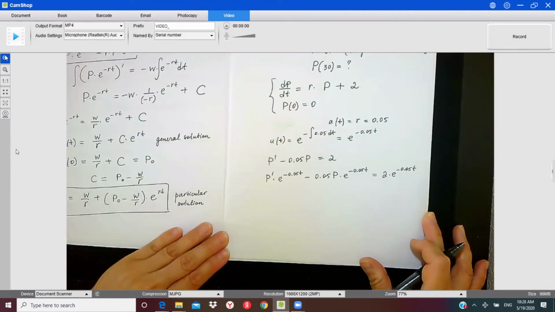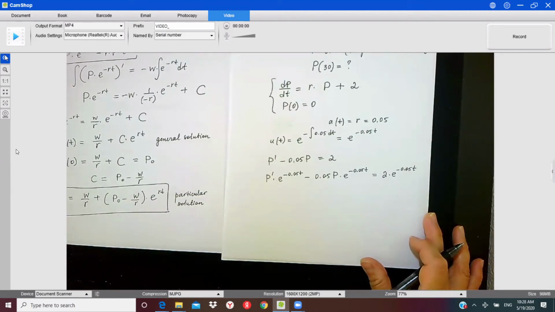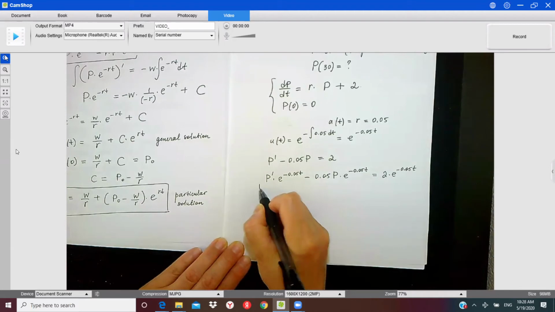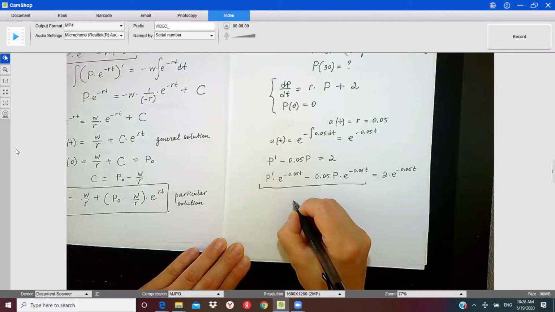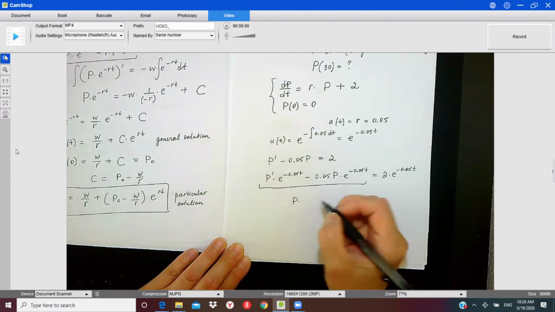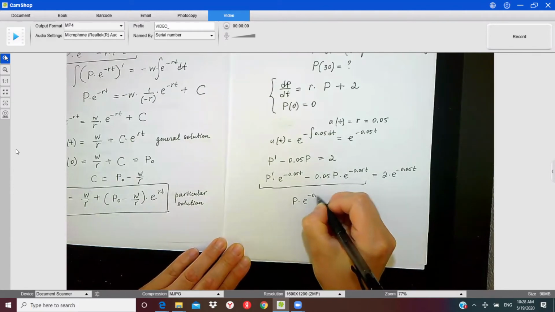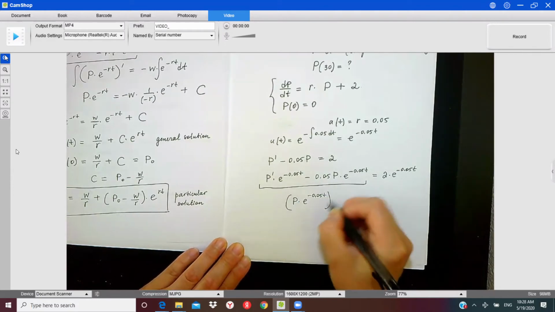Any questions, any comments, please let me know. So again, the left-hand side is supposed to be a derivative of a product, so it's P times e to the negative 0.05 t, prime.